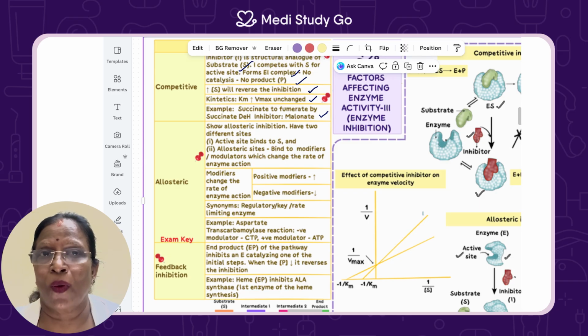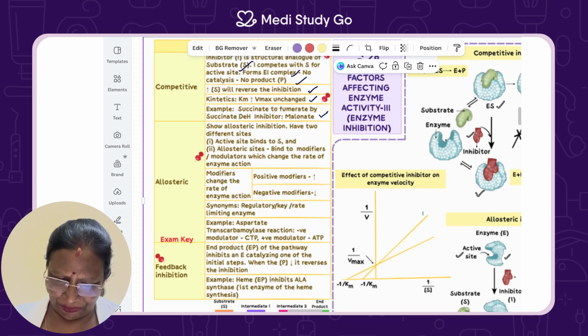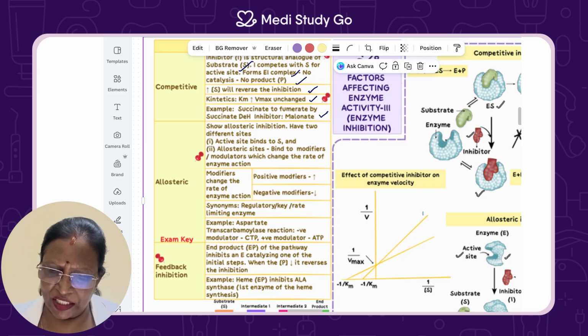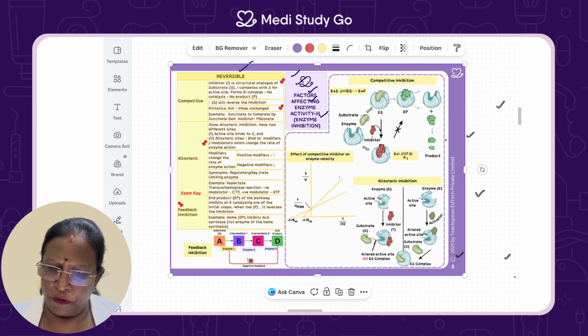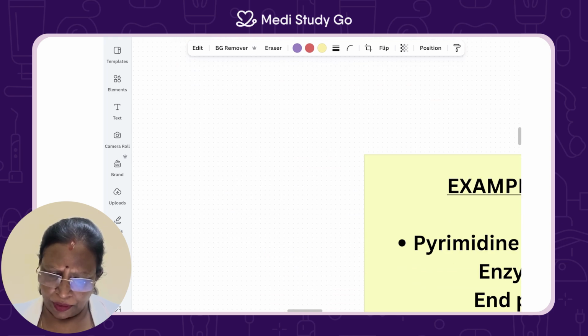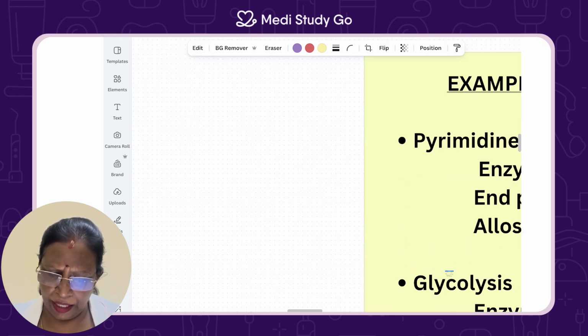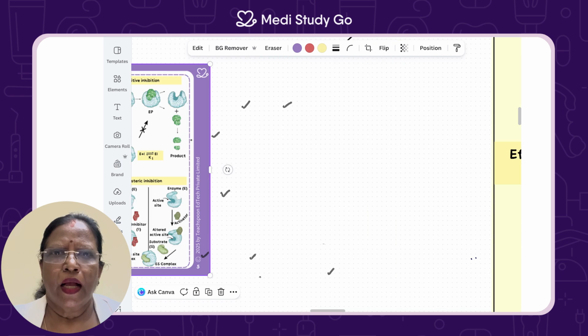So this is how competitive inhibition is shown in the mind map in a very shorthand way, which can be easily revised just before your exam.